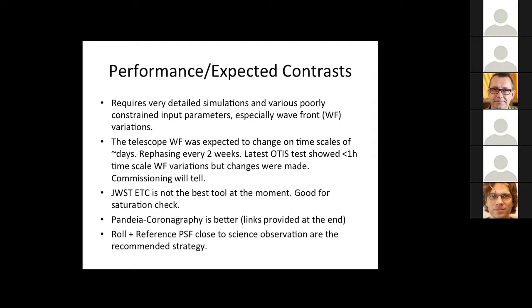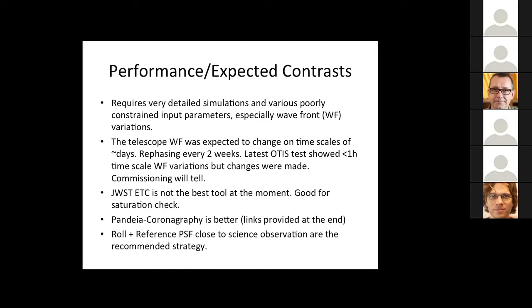For many reasons, the James Webb ETC, the exposure time calculator, is perhaps not the best tool at the moment to estimate the contrasts. However, if it's good at one thing, it's to check for saturation, so you should always use it for that. PanCAKE coronagraphy is actually a better tool developed by experts, and there are links provided at the end of this webinar.